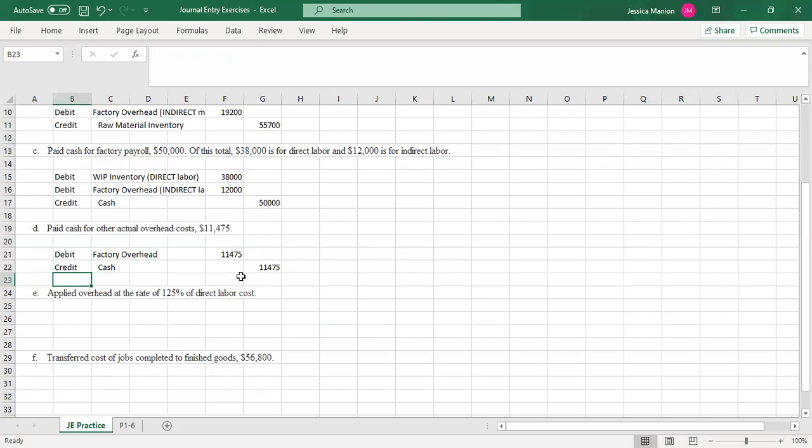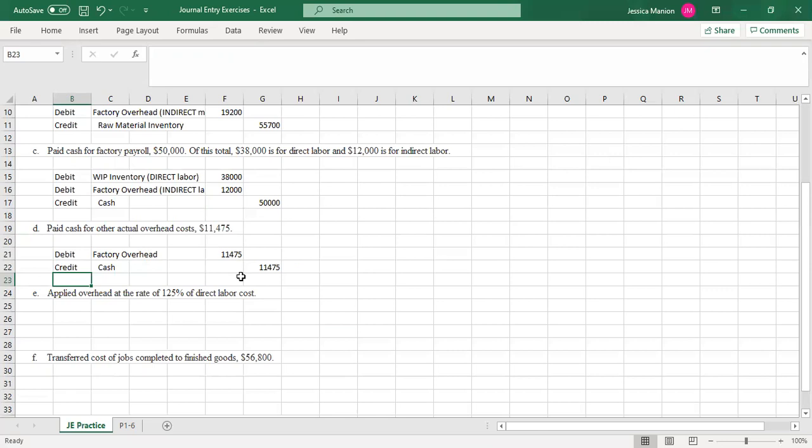But basically, because of the nature of our overhead costs, and the fact that some of our overhead costs, like depreciation, like maintenance on factory equipment, like repairs on factory equipment, like mortgage, are not easily divided up per job, what we do is we come up with a predetermined overhead rate.